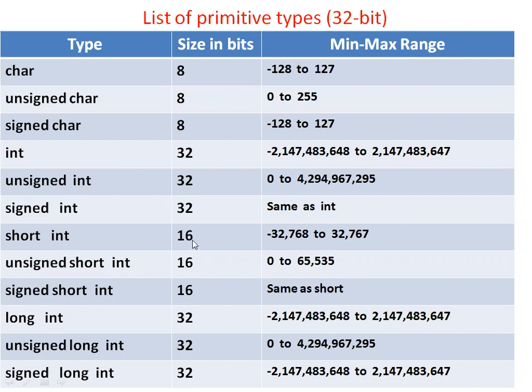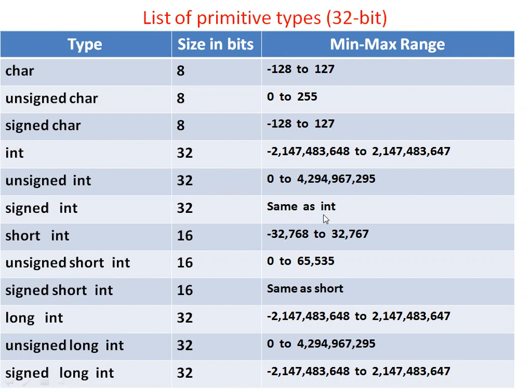Short int is 16 bits, and we said minus 32,768 to 32,767. Unsigned short int means 0 to 65,535. Signed short int is the same; short means signed short only. Now long int is 32 bits, same values, 4 bytes only. Signed long means this one.